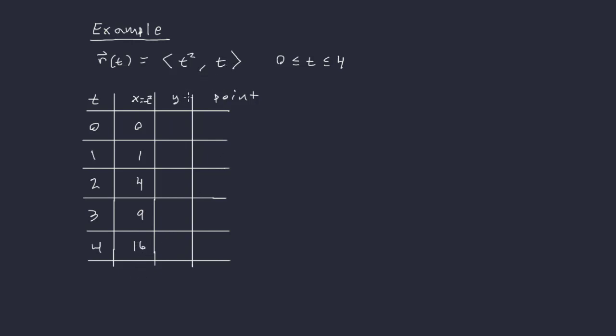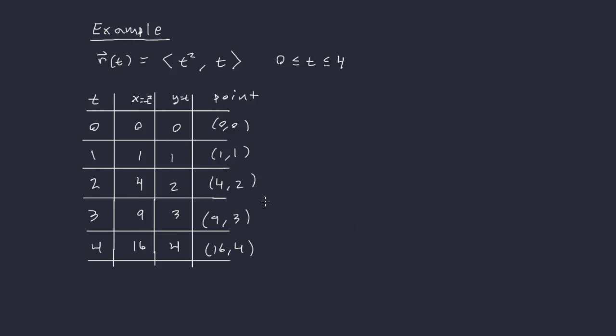Whereas y is just t, so that's just going to spit out t again. So we'll get 0, 1, 2, 3, 4, giving us the points 0, 0, 1, 1, 4, 2, 9, 3, and 16, 4.